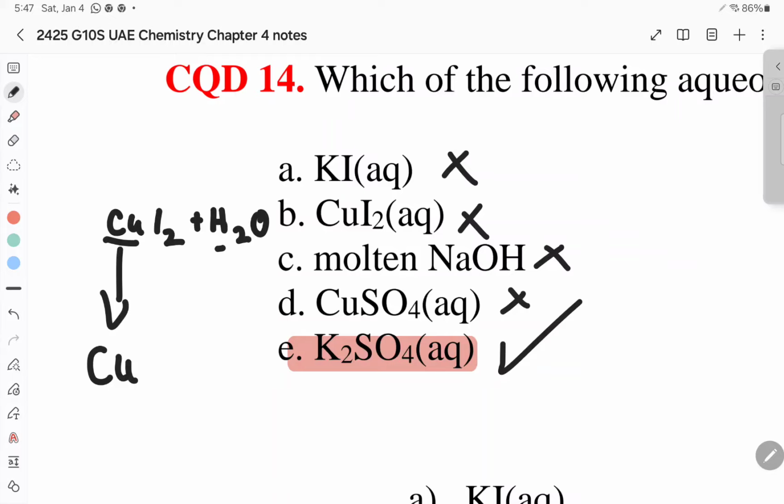And between the I2 and the OH, the I is going to win and move on to be iodine liquid. So here neither hydrogen gas nor oxygen gas is formed, so it did not form the ones they wanted.